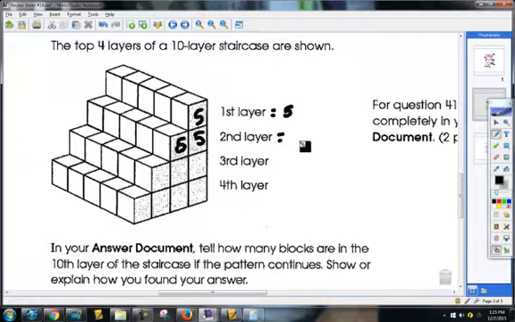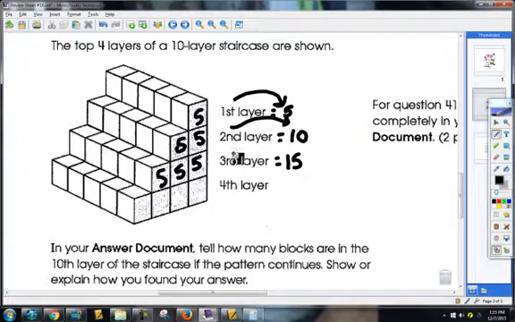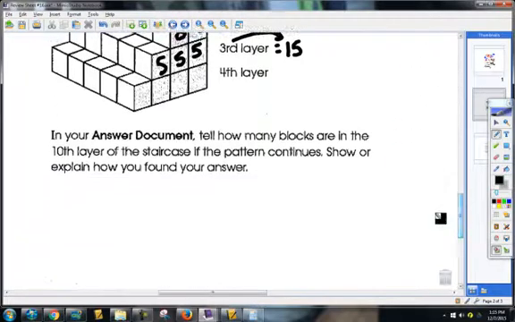So in the second layer, we know that we have 10 blocks. And then we have 5 here, 5 here, 5 here. It tells me there are 15 in the third layer. So I'm not going to go any farther, but I think you can kind of figure out what's happening here. Okay, and be able to figure out how many are going to be in the 10th row without drawing out 10 rows. You could do it that way, but make sure you explain your answer there.